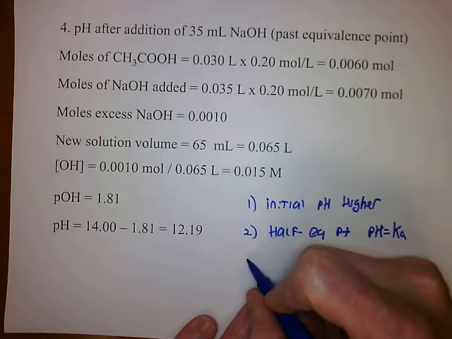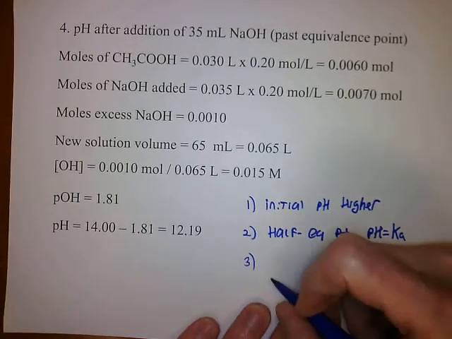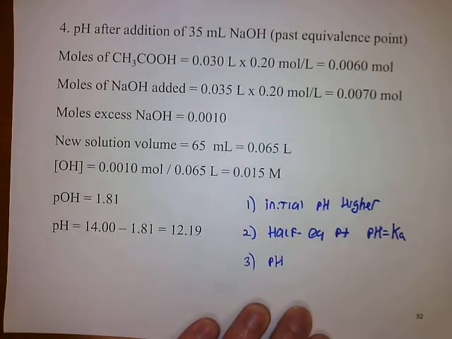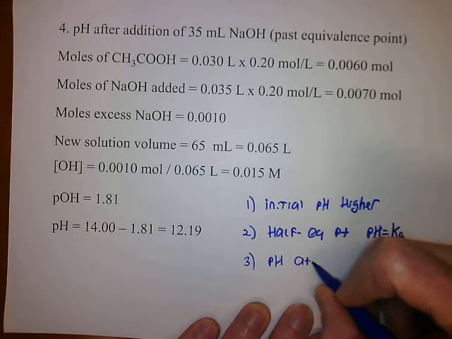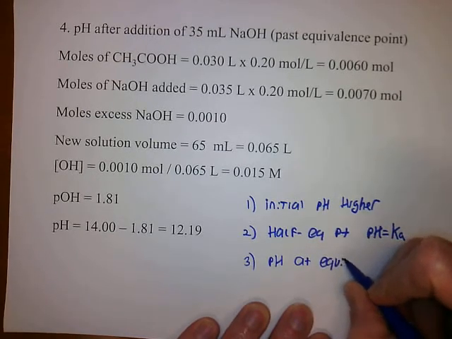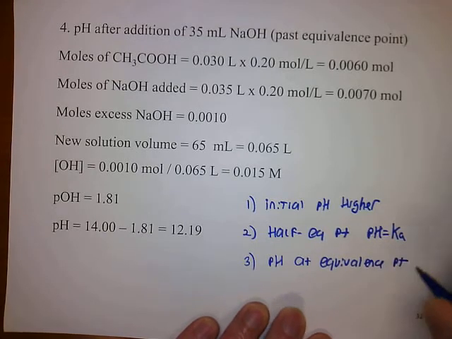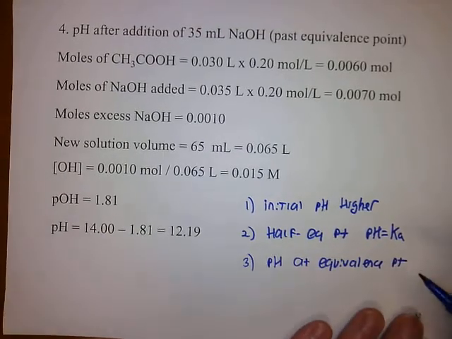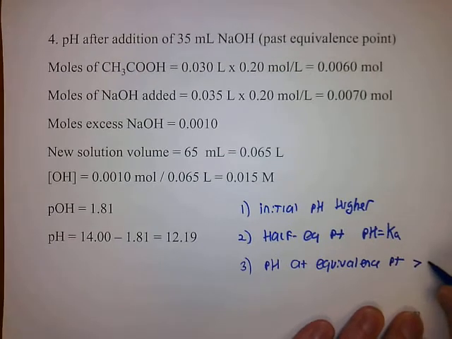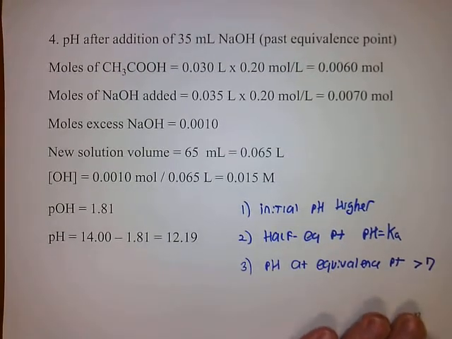And your pH at the equivalence point is going to be greater than 7, because in the course of the titration, what you've done is make the conjugate base of the weak acid.